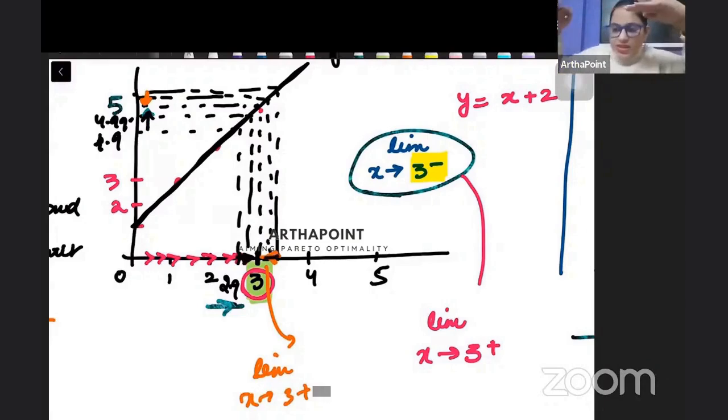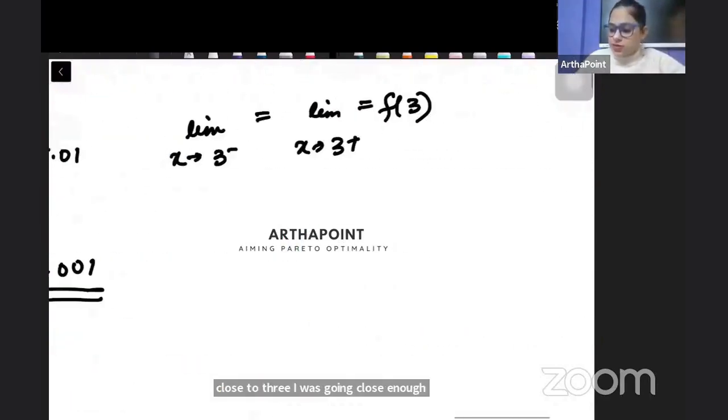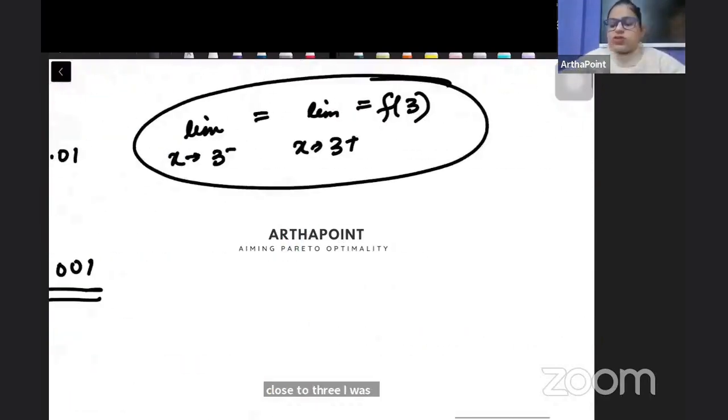And the value of the function at 3 was also 5, right?